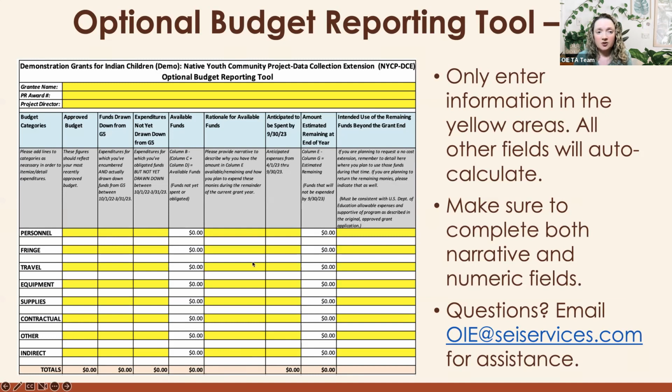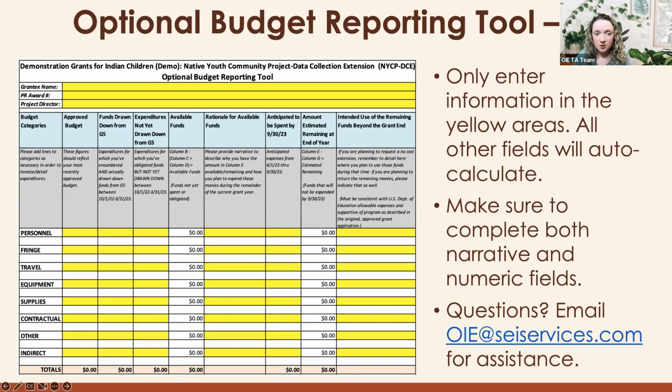You'll then come over here to your rationale for available funds and explain why you have that amount remaining and what you plan to do to expend that money by the end of the grant year. So that's a narrative piece. Then in this column, you're going to be predicting how much you will spend by the end of the grant year. So do you plan to spend all your personnel funds by the end of the grant year?